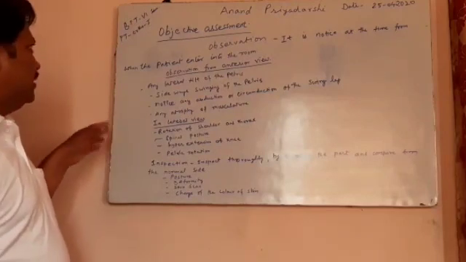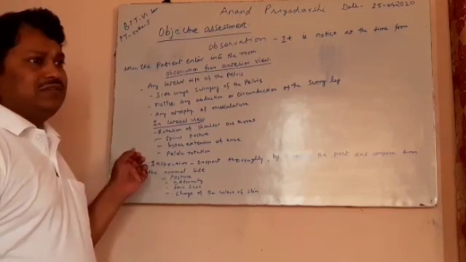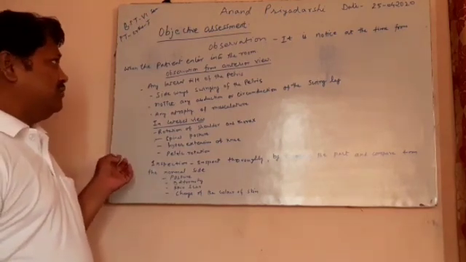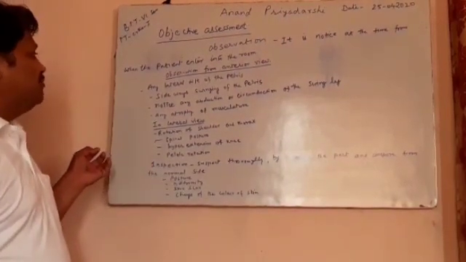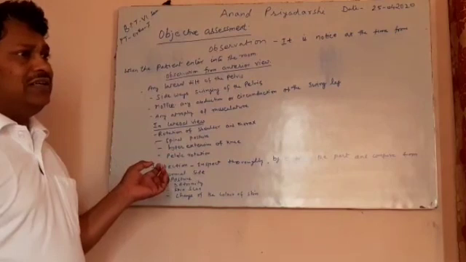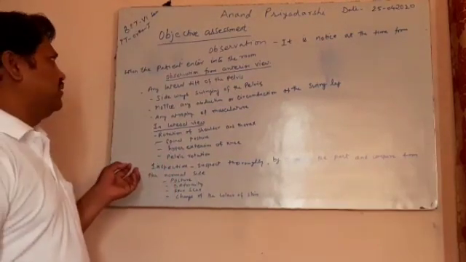Now, in objective assessment, number one is observation. What is observation? Observation is a method when any patient enters the room of the clinician.